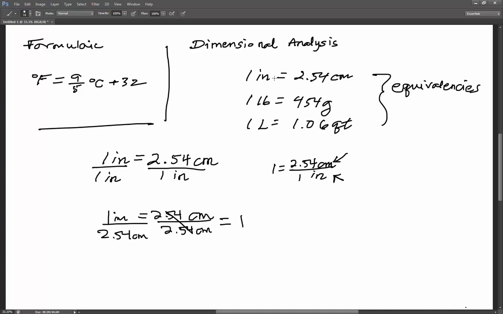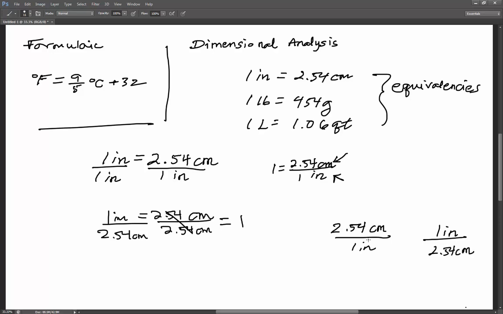So this one equivalency right here, that 1 inch is equal to 2.54 centimeters, gives us 2 conversion factors. The first conversion factor is 2.54 centimeters divided by 1 inch. And the other conversion factor is 1 inch divided by 2.54 centimeters.